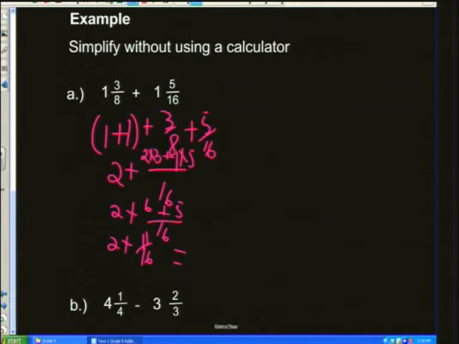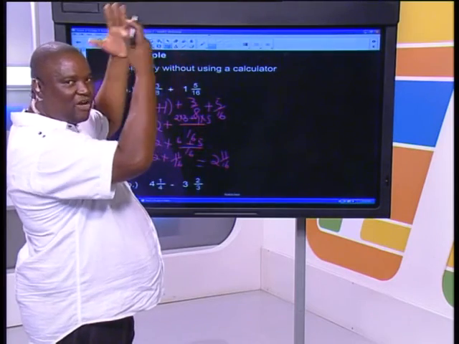Then my answer 2 plus 11 over 16 is 2 and 11 over 16. That's the first way of doing it. The second way of doing it is to change this into an improper fraction and then follow the same procedure we followed when we add.